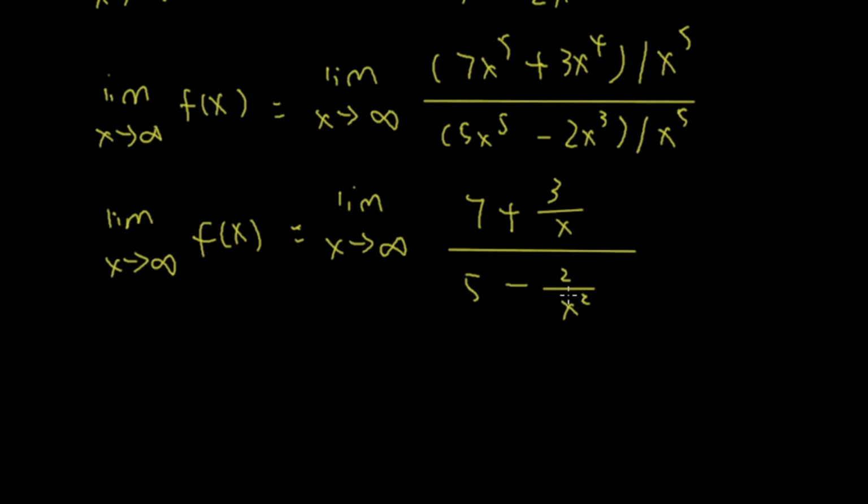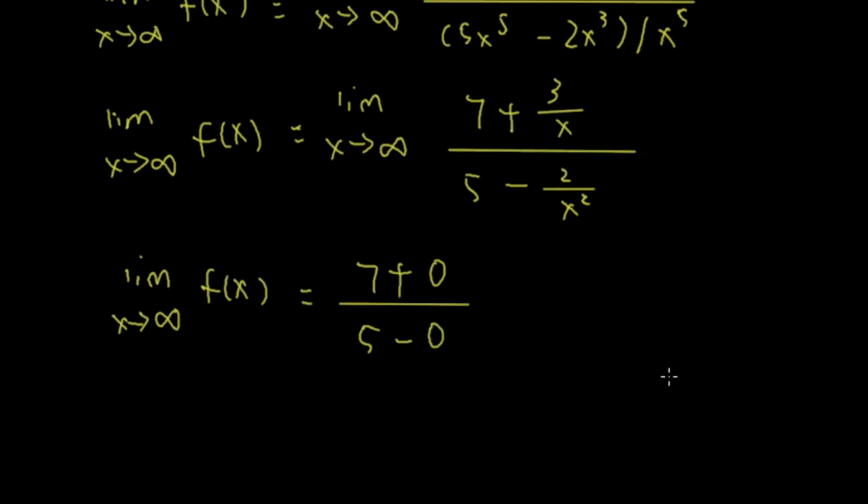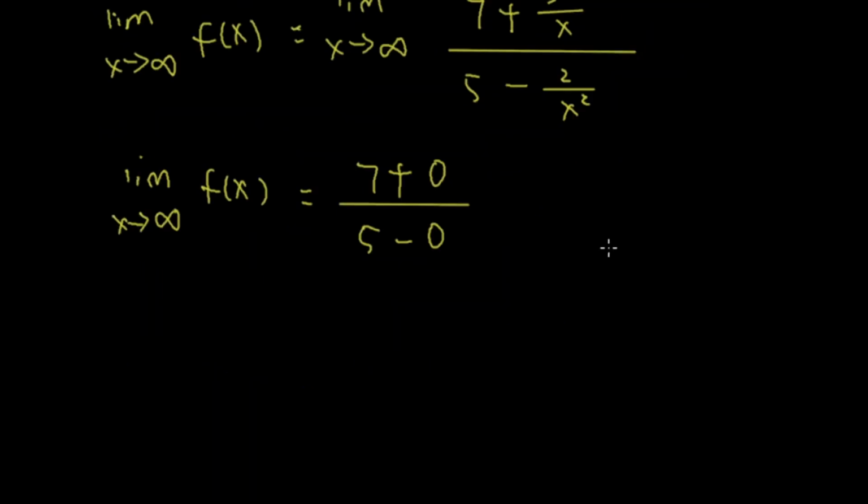Now let's evaluate this directly. Now 7 is not affected. 7 plus 3 over infinity is close to 0. Divide by 5 is not affected. Now 2 over infinity squared is close to 0. Now that is equal to the limit as x approaches infinity of f at x, which is equal to 7 over 5.